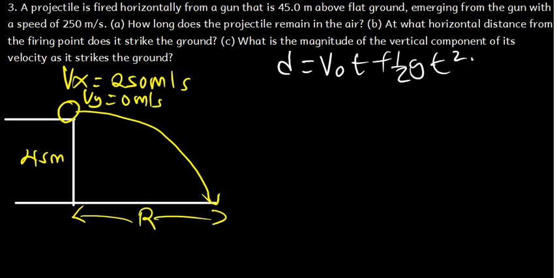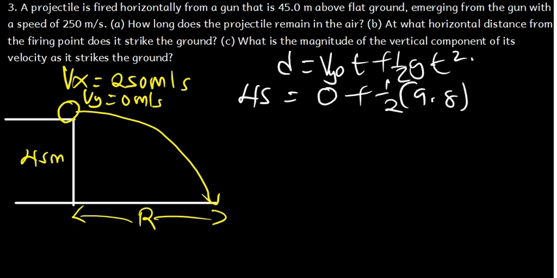Now, which v are we talking about? We're talking about the velocity in y direction. The initial velocity in y direction is 0, and we know that d is 45. So 45 is going to be equal to 0 plus half, and since it's coming down, the value of g is going to be positive 9.8. Then the t is the one we are trying to find.